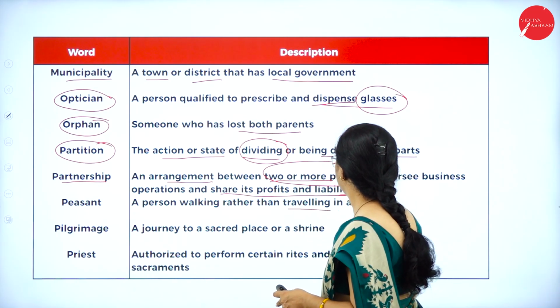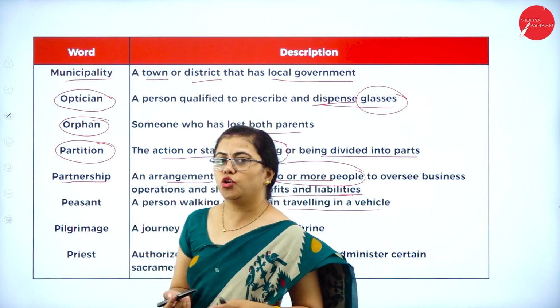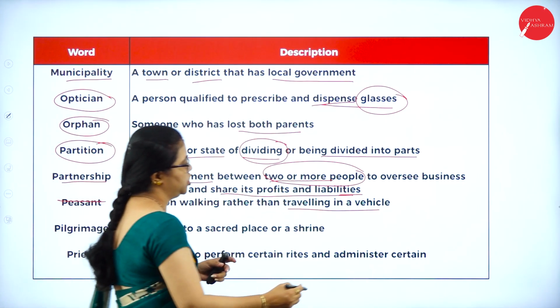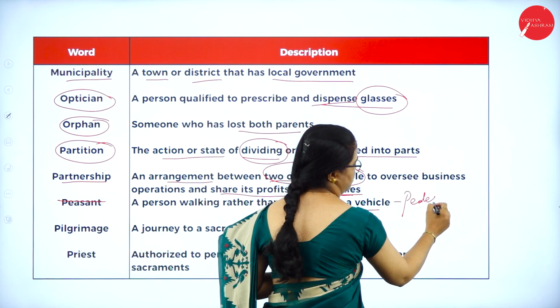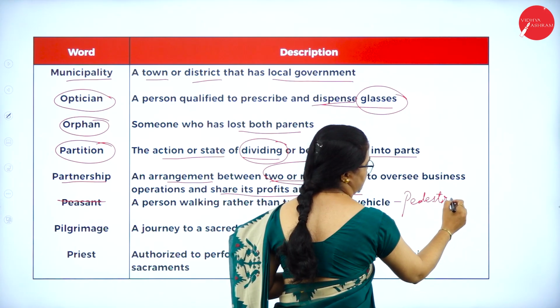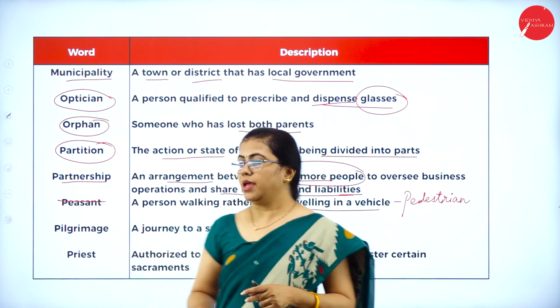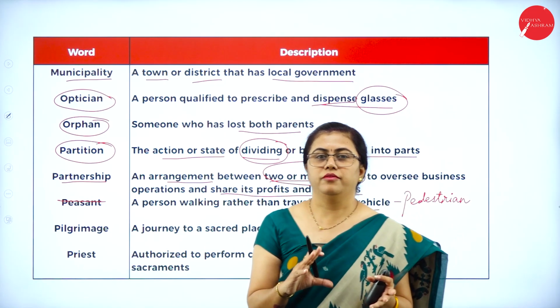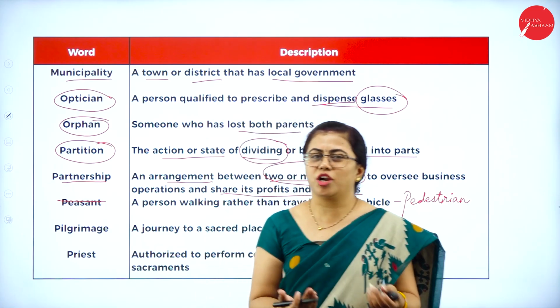Then a person walking rather than traveling in a vehicle. That person is called a pedestrian. Sorry, there is a mistake over here. Just change it to a pedestrian. Peasant is nothing but a villager kind, a person who works in the field, more or less like a farmer.